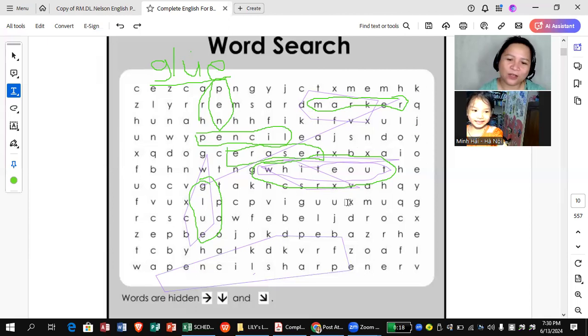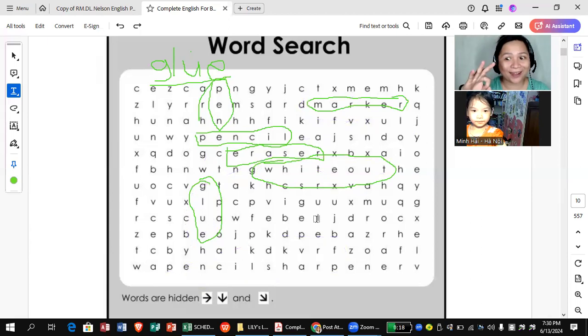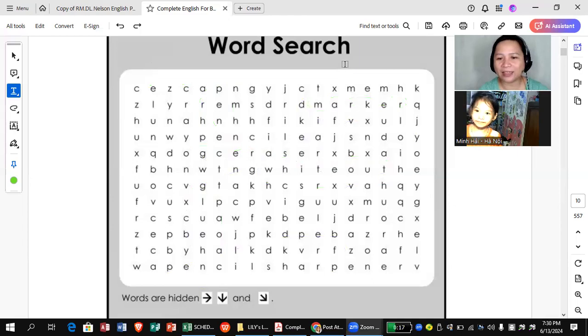Because you win, next time we will watch the story about Goldilocks and the Three Bears. You want to watch that? Yes? Okay, I'm so excited about that. So next time we will read that story. So just behave and listen to your teachers so that we will watch the movie.